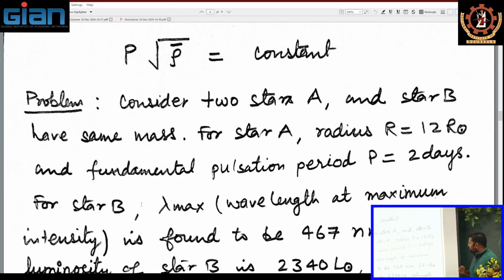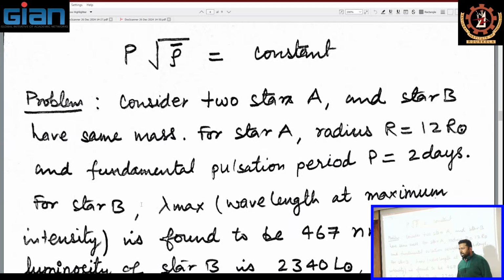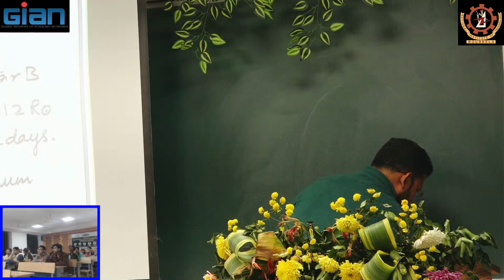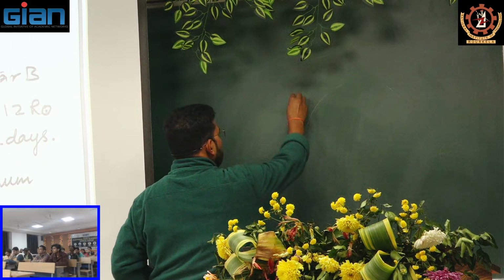For star B, we have lambda max. Lambda max represents the wavelength associated with the maximum intensity. Just to remind you, we assume stars are black bodies.